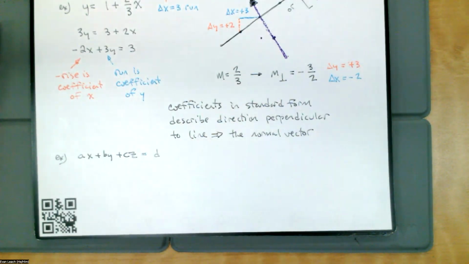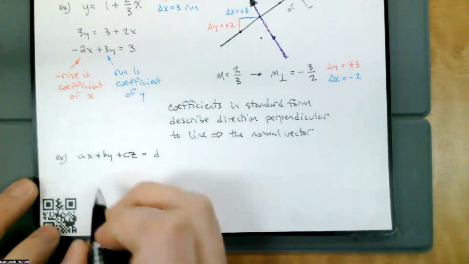The coefficients a, b, and c are describing a vector that is perpendicular to everything in the plane. That's how we can describe a whole plane with just one direction. Instead of describing the plane as everything that's a combination of these two lines, since we're in R3, we can describe a plane by saying everything perpendicular to this one line.